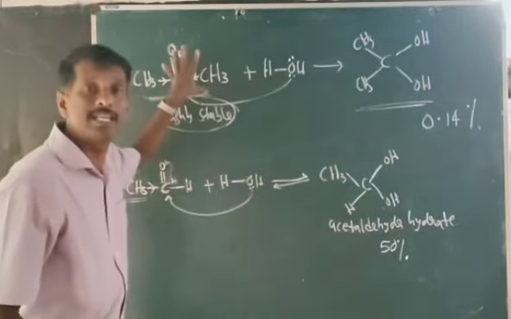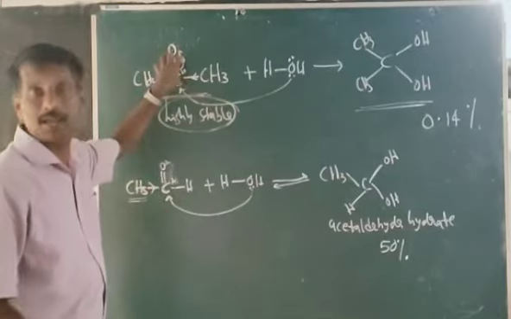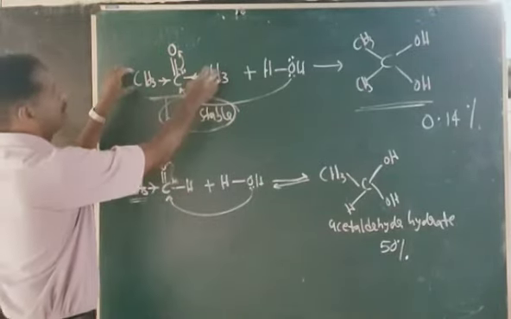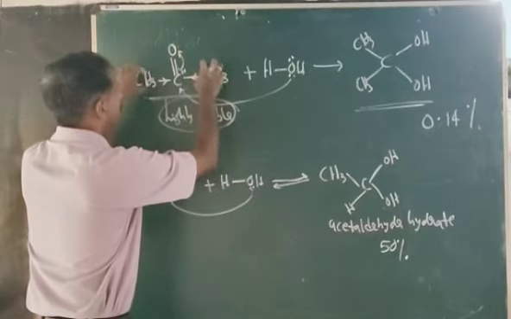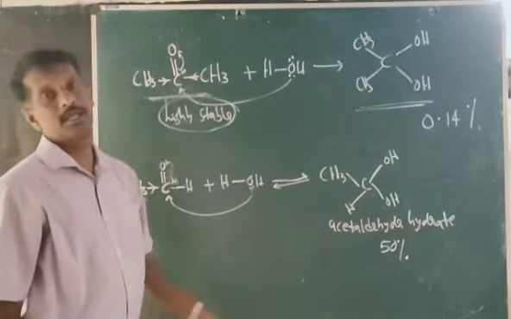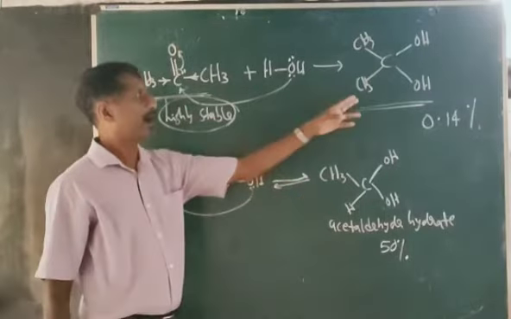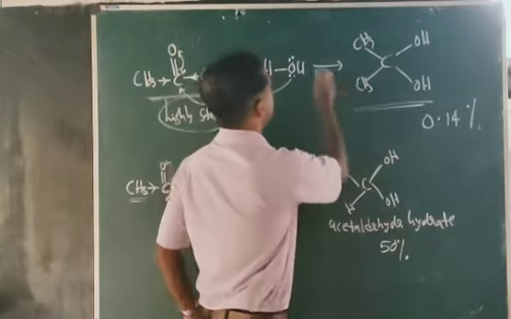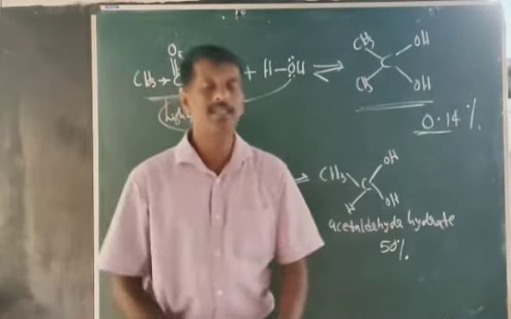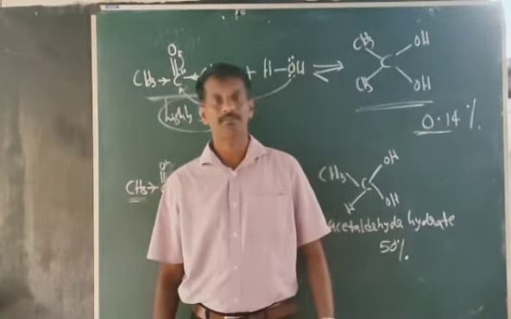That is one reason. And the second reason is that due to the presence of the alkyl groups, the steric factor is also important. These are the two reasons why the percentage of yield is reduced to 0.14% in the case of ketone.